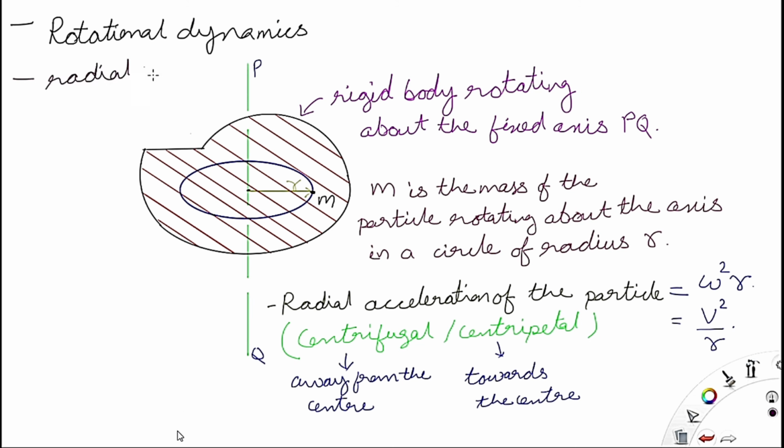So the radial force is equal to m omega square r, or minus m omega square r. Along the radius going away from the center, it's centrifugal, and going towards the center, minus m omega square r is the centripetal.